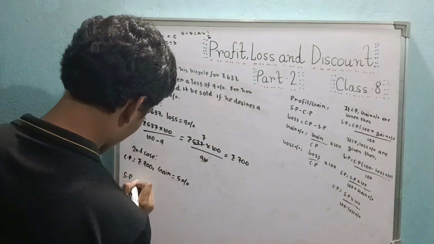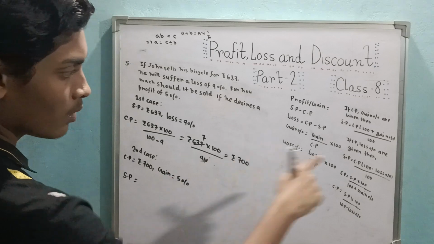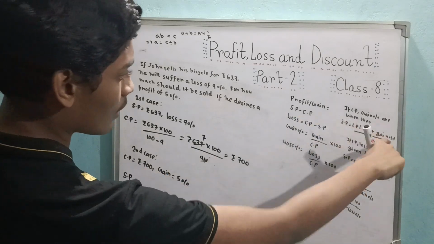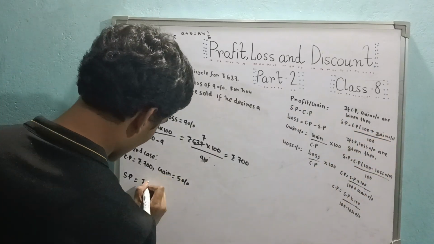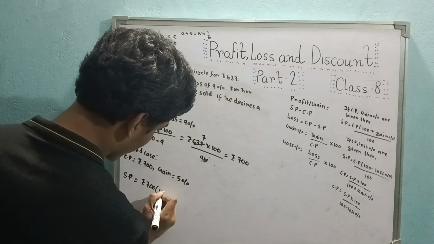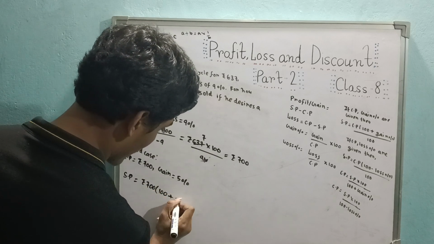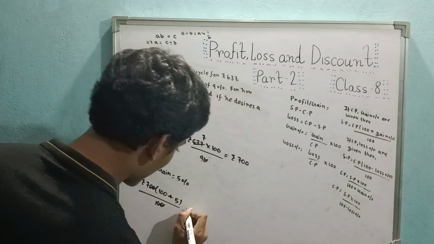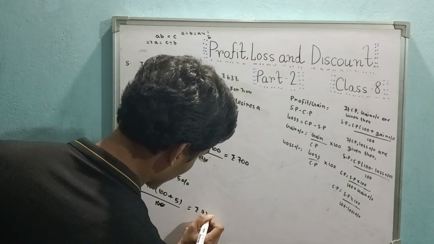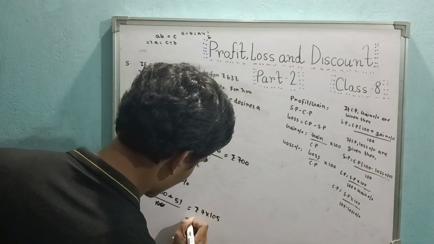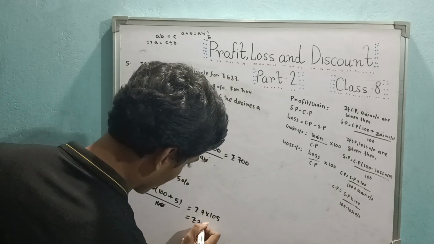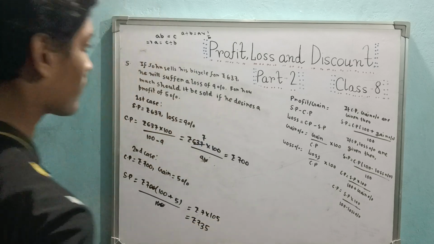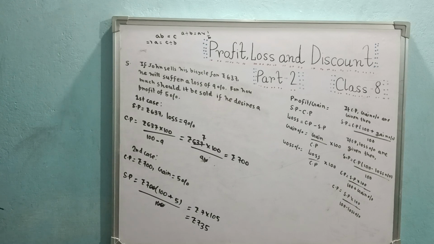So SP equals, now use this formula, CP and gain percent given. CP rupees 700 multiplied by 100 plus gain percent, which is 5, divided by 100. Cancel out these two zeros, equals rupees 7 into 105, equals rupees 735. And if I am not wrong, this will be the answer.